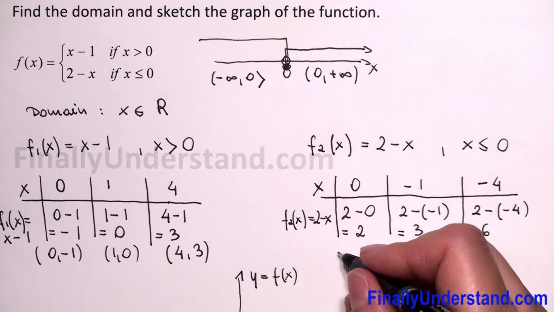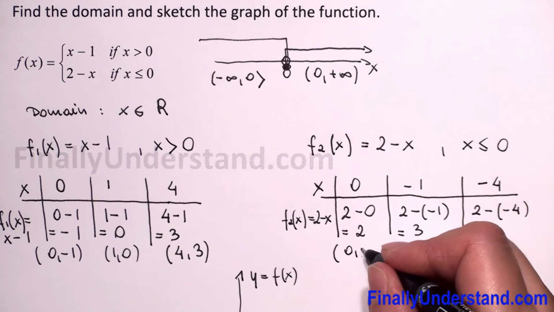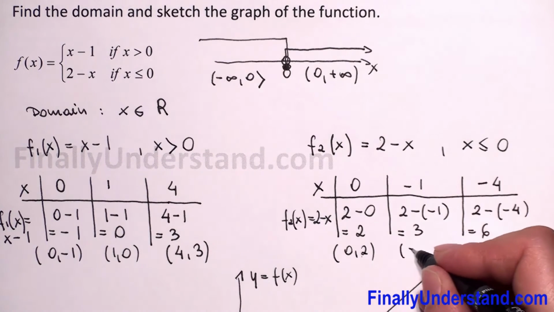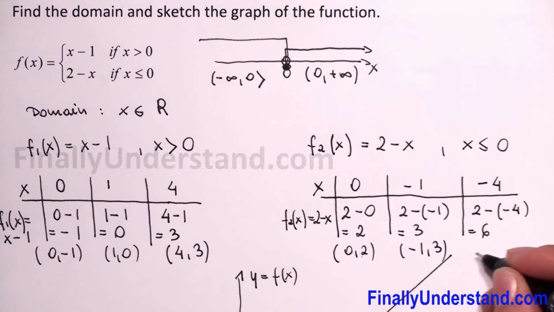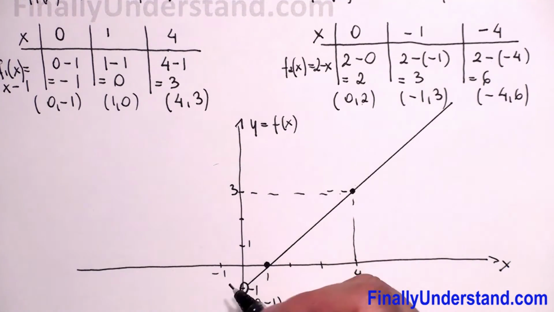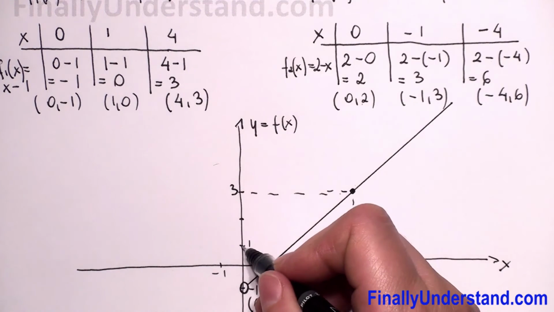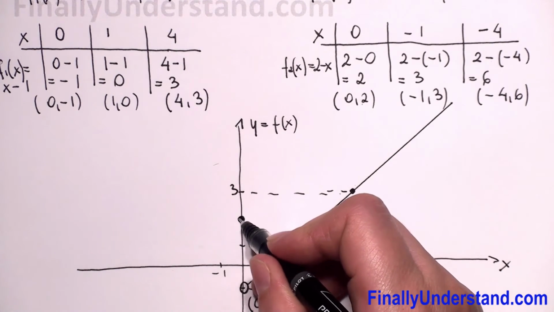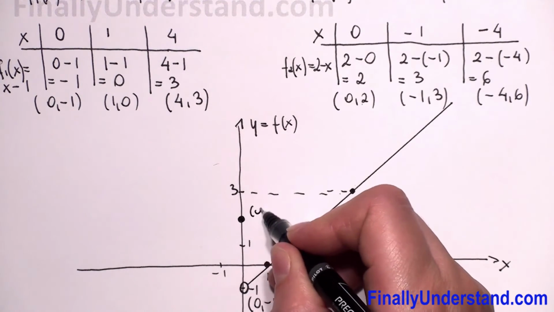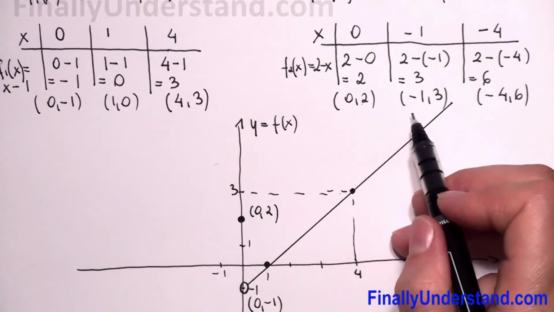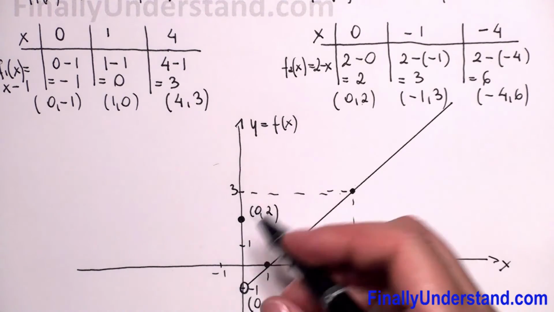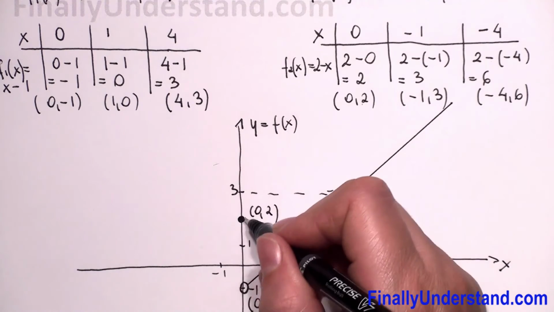So we have 3 points: 0, 2; negative 1, 3; and negative 4, 6. Let's plot these points. 0, 2 is our first point. Second point is negative 1, 3.